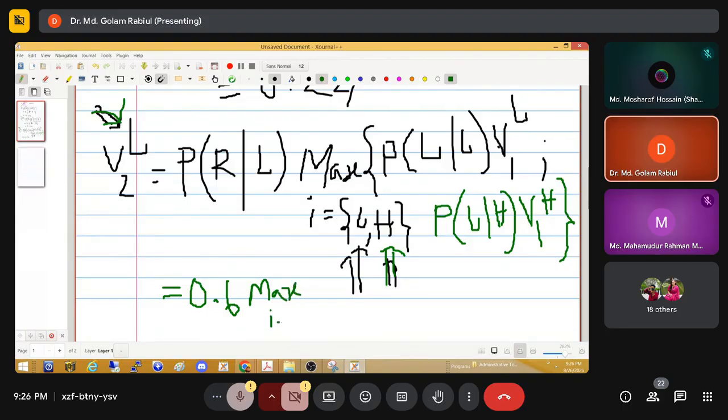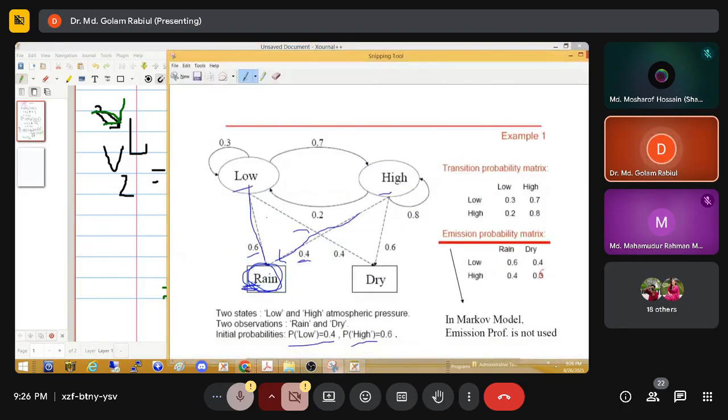I is low atmospheric pressure and high atmospheric pressure. The probability of low given low, the transition probability, is 0.3.